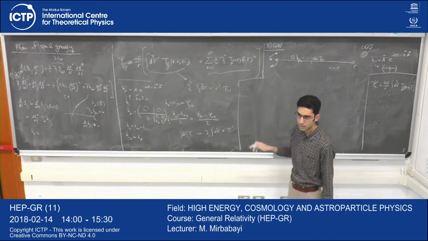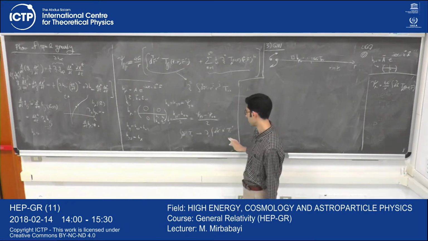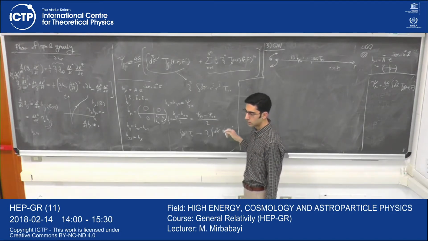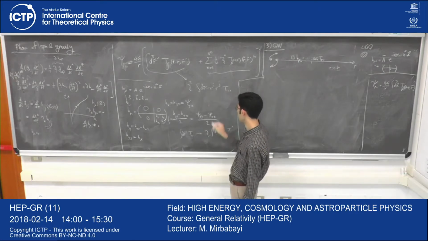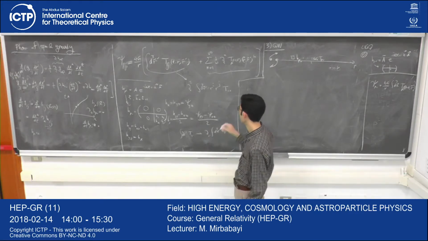You can find that in the notes. I do it explicitly, but it's almost the same idea as what I did here. You can use conservation equations to relate the integral of ij components to the integral of 0 components.